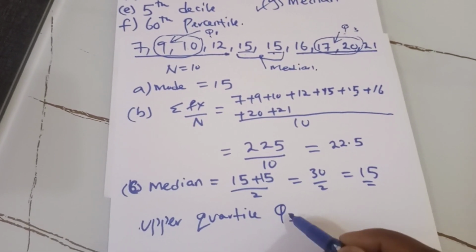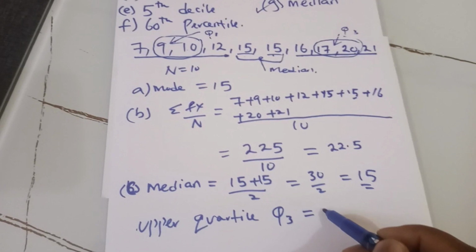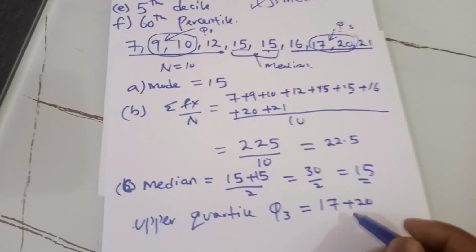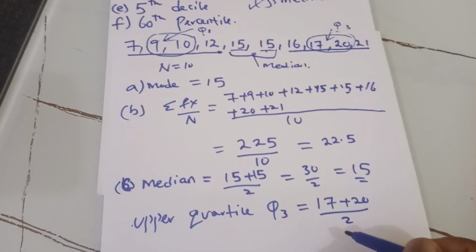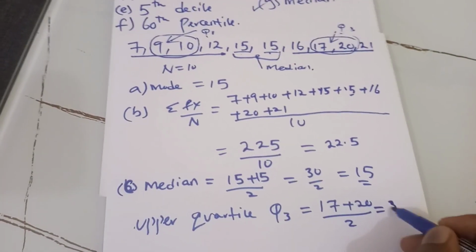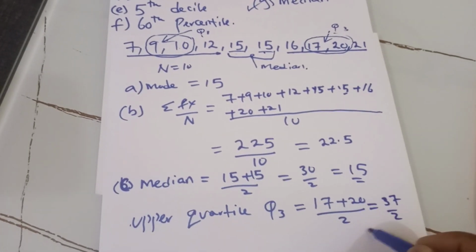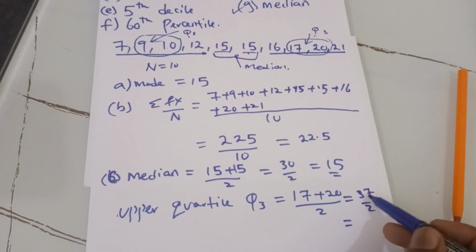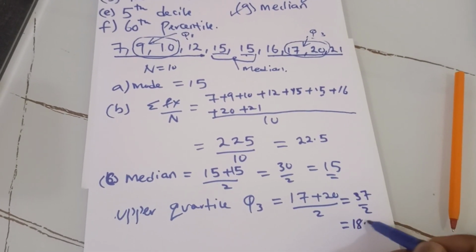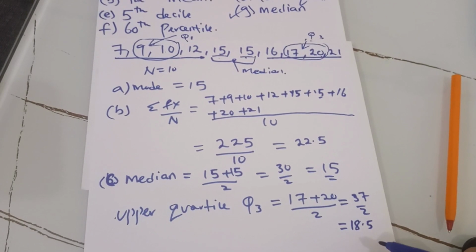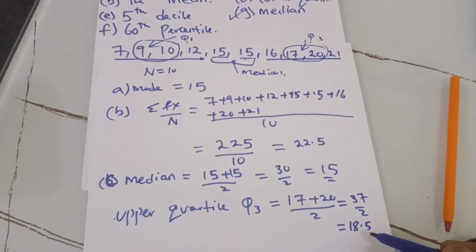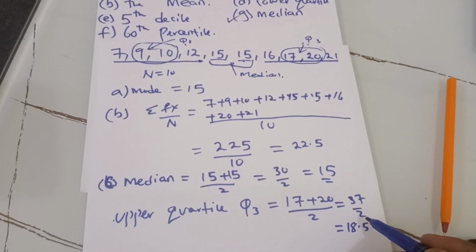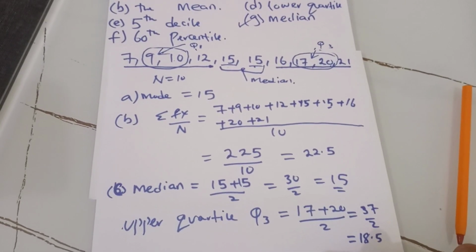The upper quartile will therefore be the sum of 17 plus 20, and then we divide that by 2, because we don't have a specific value. The answer stands to be 37/2, which will therefore be 18.5. So 18.5 will be the upper quartile for this case.